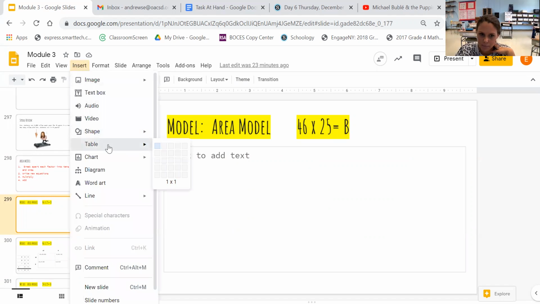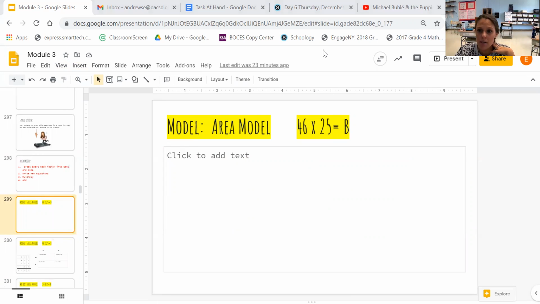So like I said, we're going to first just simply break apart our numbers. So we have the number 46. We also have the number 25. I know that I have 40 and 6, and I have 20 and 5.